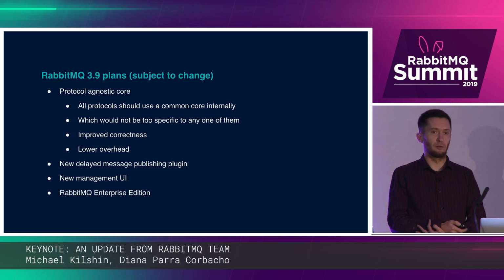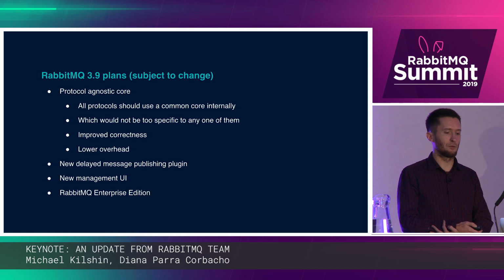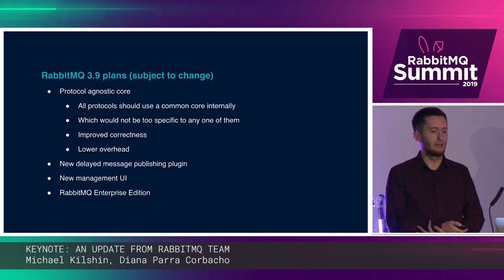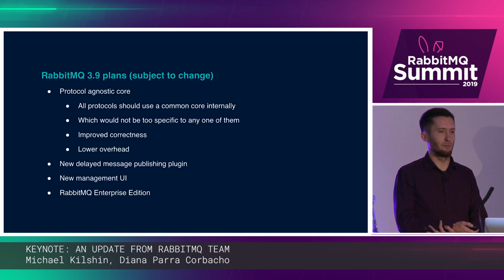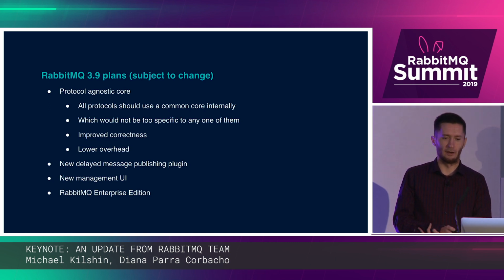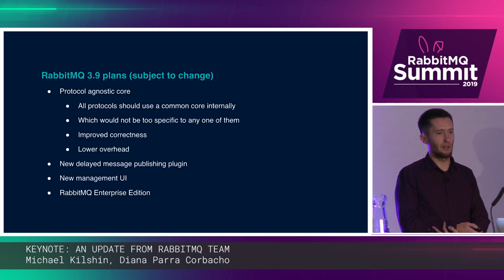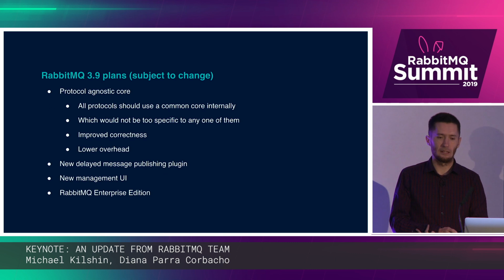We have a couple of popular plugins. One is the management UI. It badly needs a rewrite. It will focus more on management now that metrics are handled by Prometheus and Grafana. And there is a delayed message exchange plugin, which is also very popular.